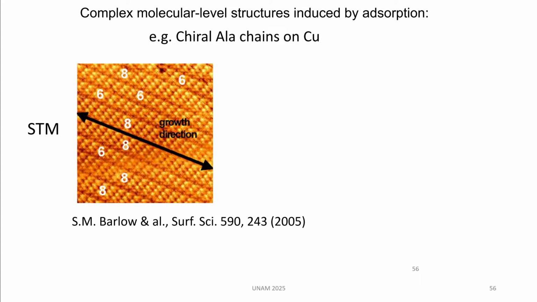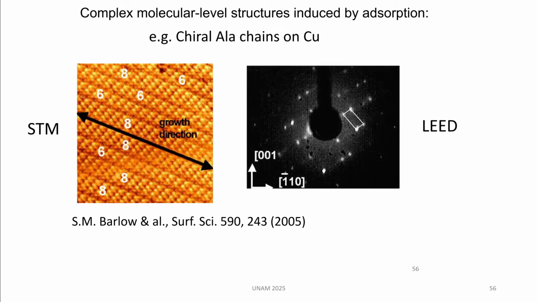They are indeed periodically disposed, and not only that, but they make chiral adducts, which is very interesting from the prebiotic chemistry point of view. So this was seen by scanning tunneling microscopy, and also by a technique that I did not have the time to describe to you, which is a kind of surface diffraction, low energy electron diffraction.